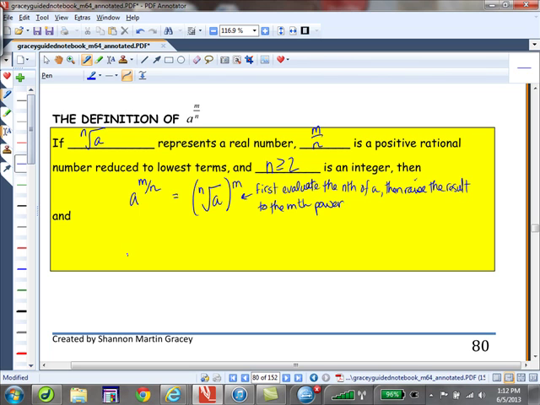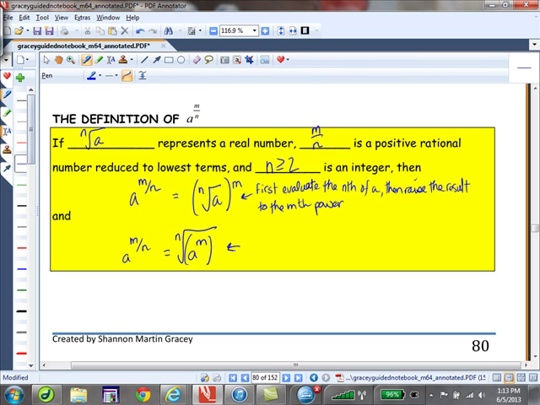You can also figure this out as a to the m, so you're first raising a to that mth power, and then you're evaluating the nth root of the result.